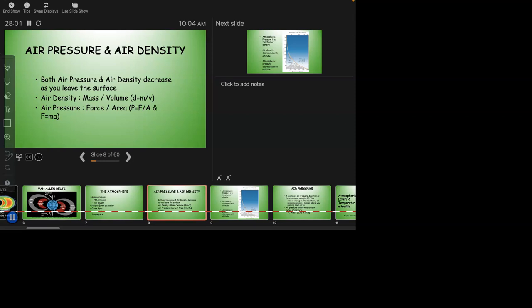Yeah, F equals ma. So the force is the mass. That's where the connection is. What's the acceleration? It's gravity, 9.8 meters per second squared, something like that. So you have the mass of all those air molecules above you pressing down on you. Did you need any of that to know that there's air pressure? No, you didn't. But now you know why there's air pressure.